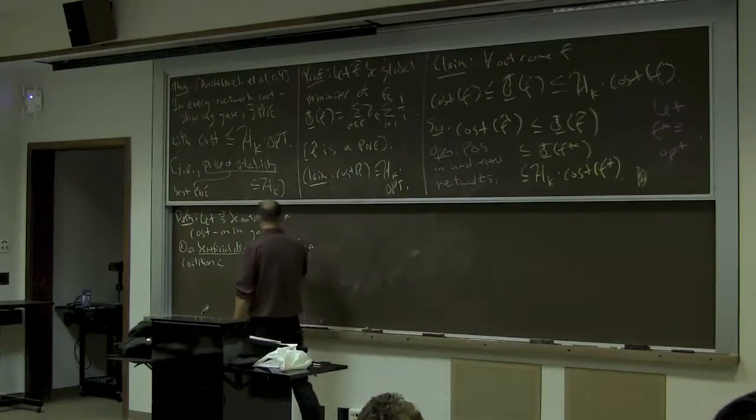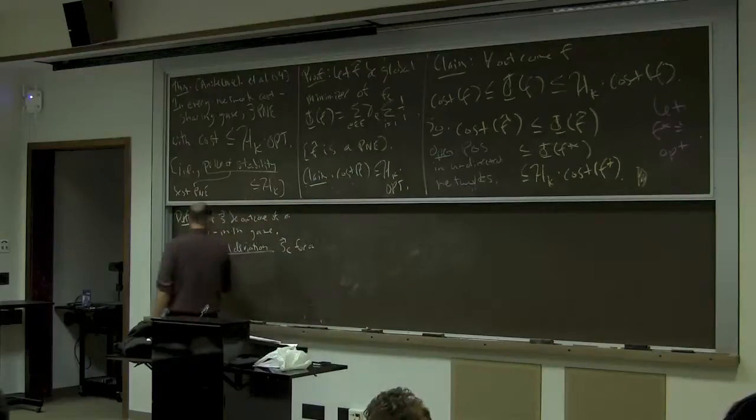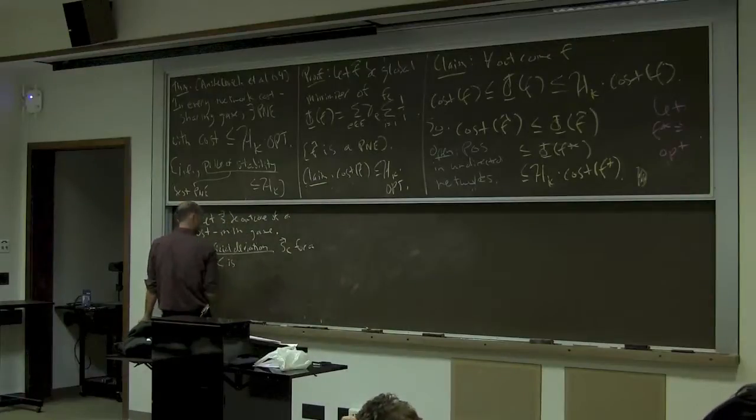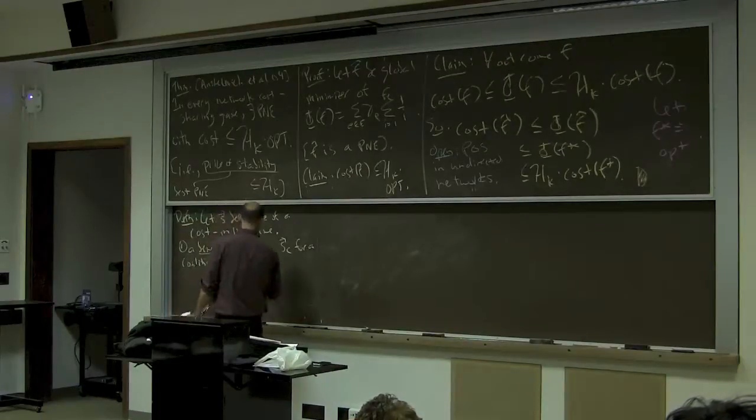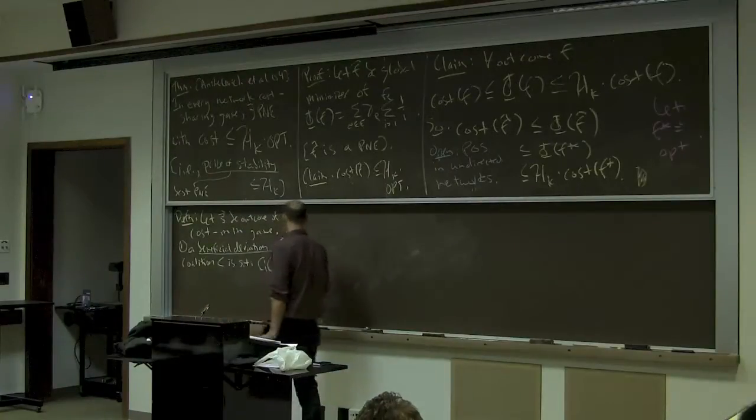So a coordinated bid S sub C for a coalition C is such that the cost can only go down for people in C, with everyone outside of C held fixed.